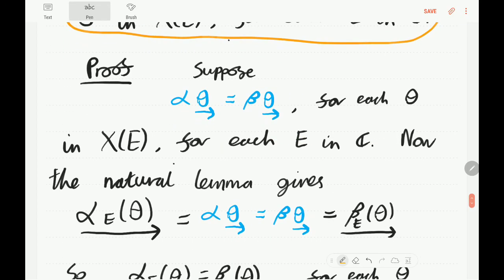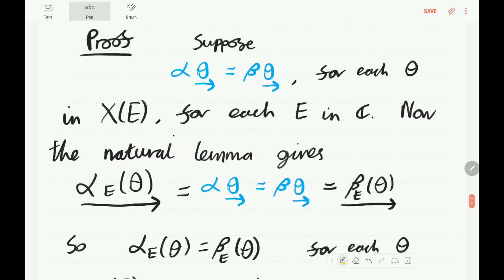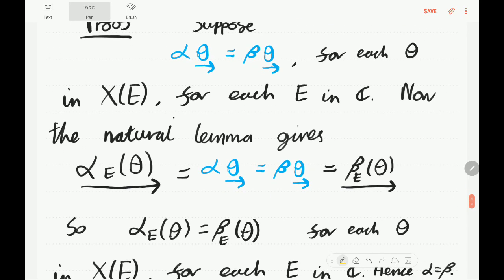And now we get the result pretty quickly. So we just use the natural lemma that we've just proved, and that says that we can write alpha after theta under arrow as alpha subscript e of theta, all under arrowed.